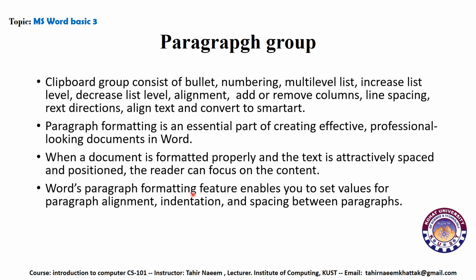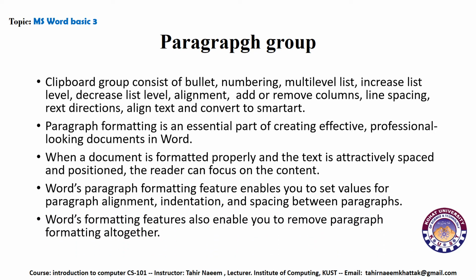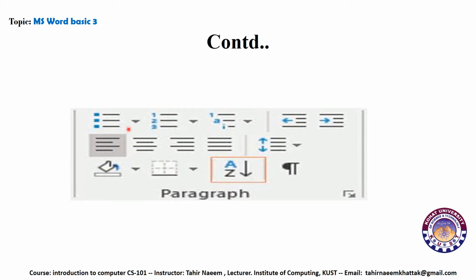Word's paragraph formatting feature enables you to set values for paragraph alignment, indentation, and spacing between paragraphs. Word's formatting feature also enables us to remove paragraph formatting altogether. So here is the paragraph group, and I will give you an overview. These are bullets and numbering, which I will discuss later on.